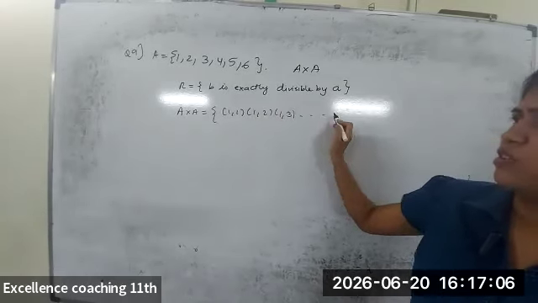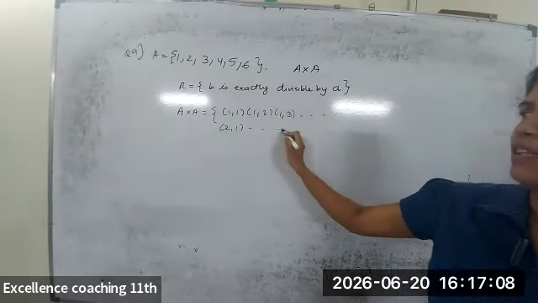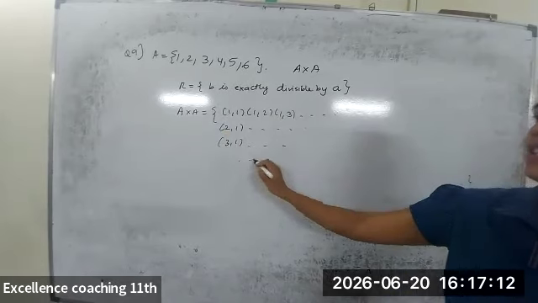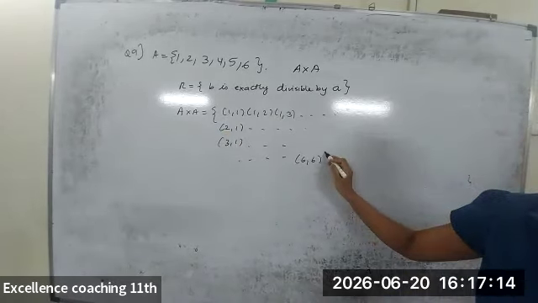It is not required to write 2 comma 1, then 3 comma 1, like that. And last would be 6 comma 6.